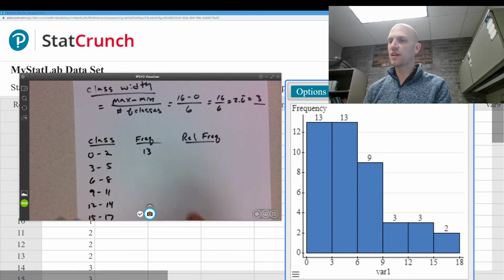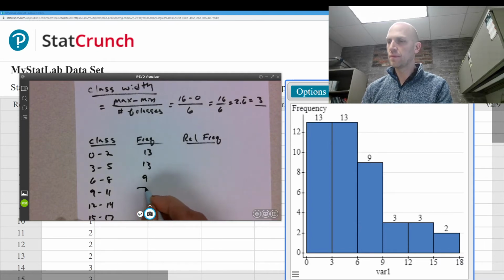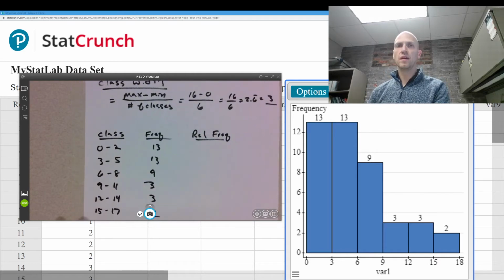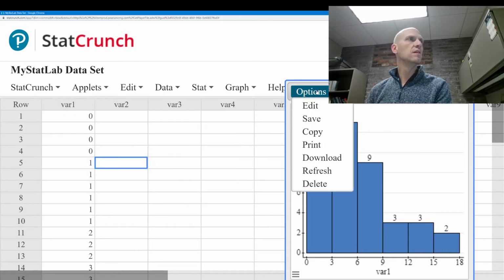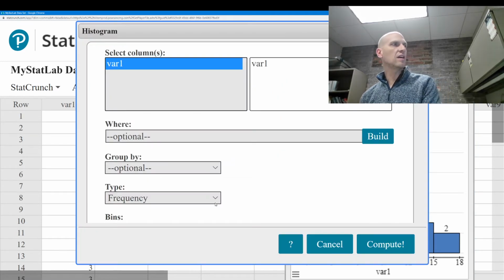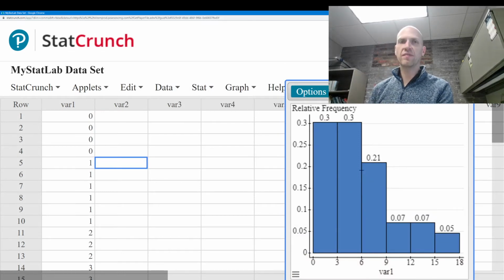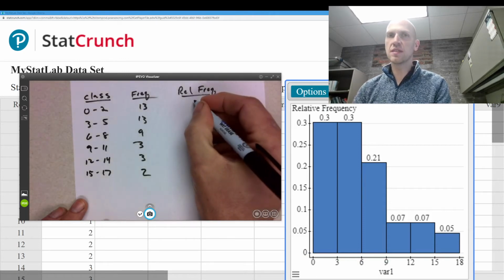Then I can just write down the frequencies. There it is, and then I can get relative frequencies by editing, and instead of frequency, going to relative frequency. I don't even know if they asked us for that, but it might be nice to have. Write down the relative frequencies.